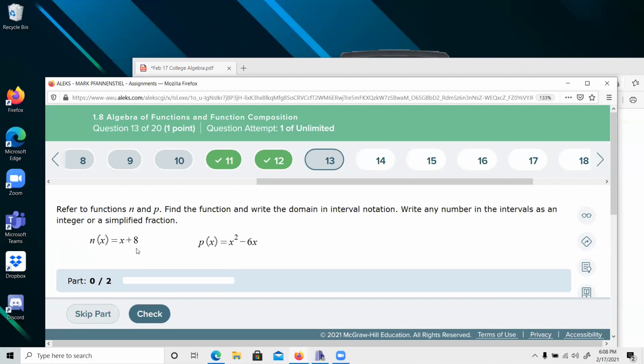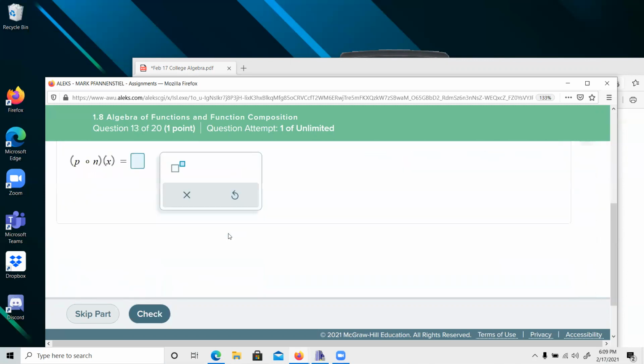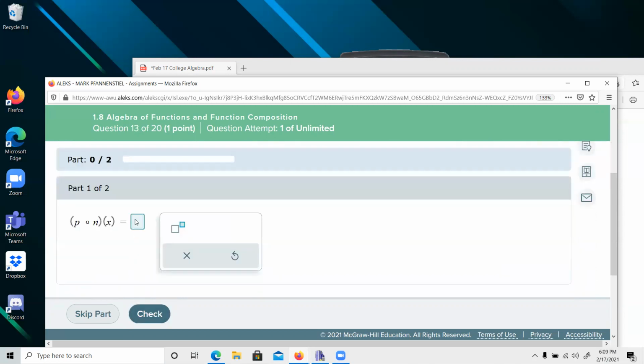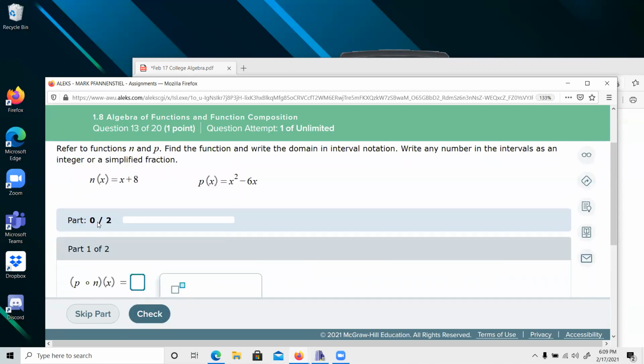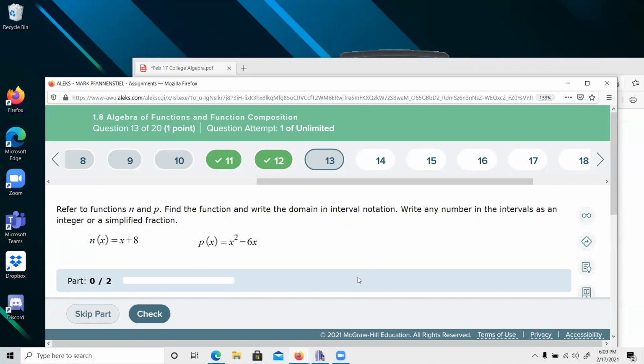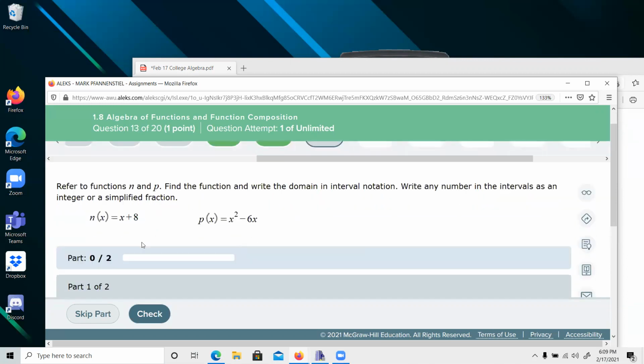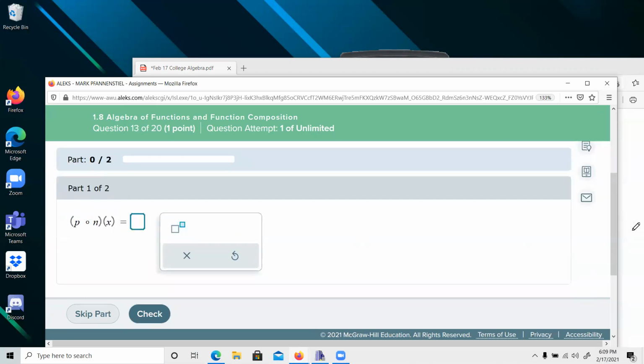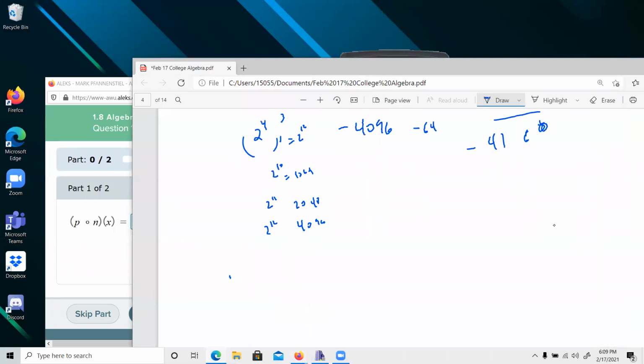But right now, if they just give you two polynomials, there's no reason to work this out. Like the domain, infinite, right? Oh, they want to know this first. Oh, geez. All right, so what are we doing? We're doing P of n. Let's do the whole thing. P of n of x.